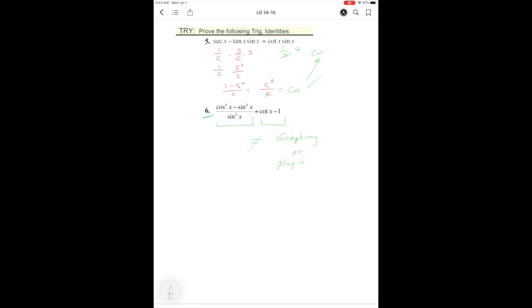Or you can plug in a value for x. Like, we can make it pi over 2 and check it.